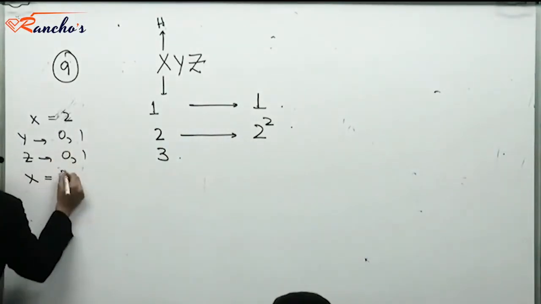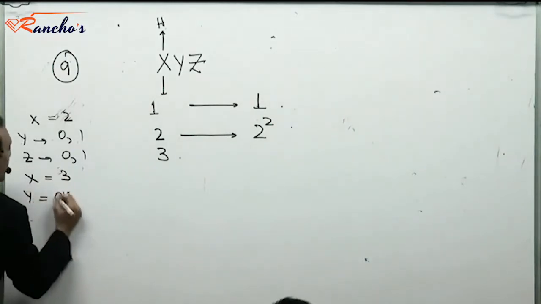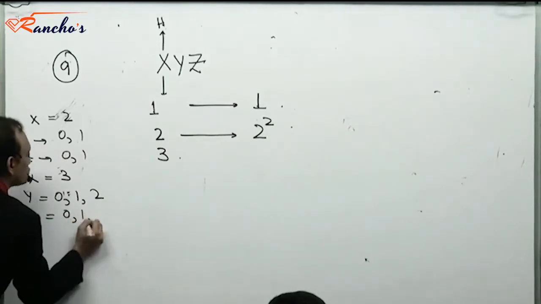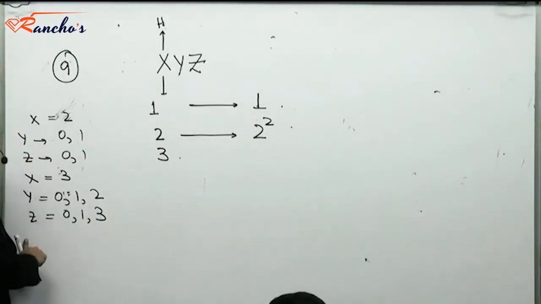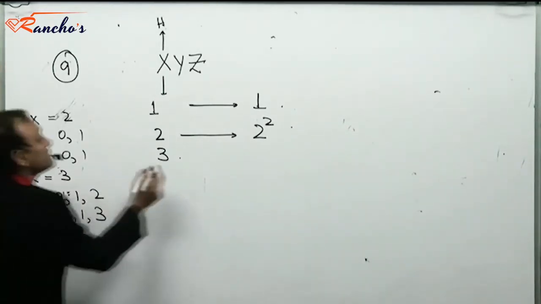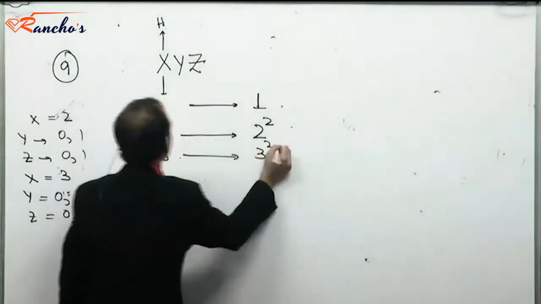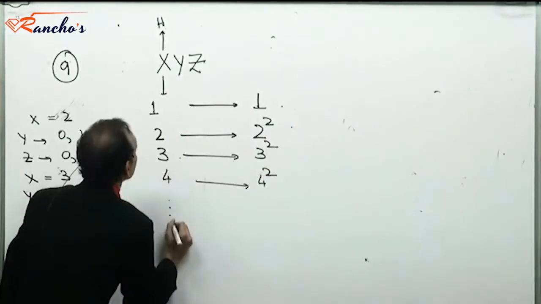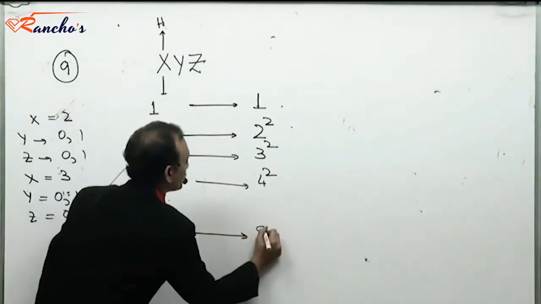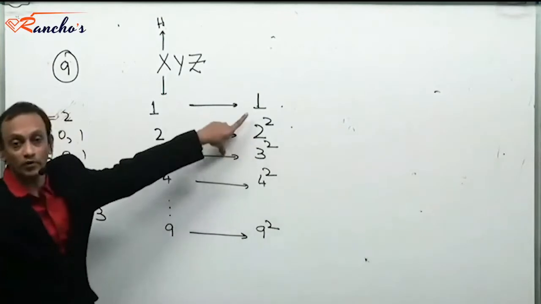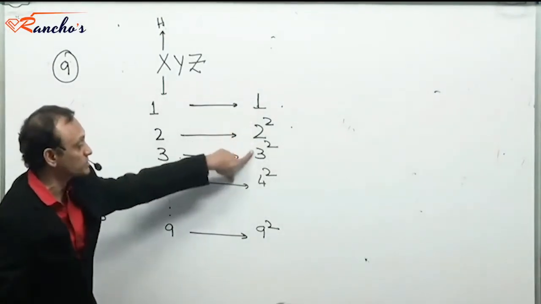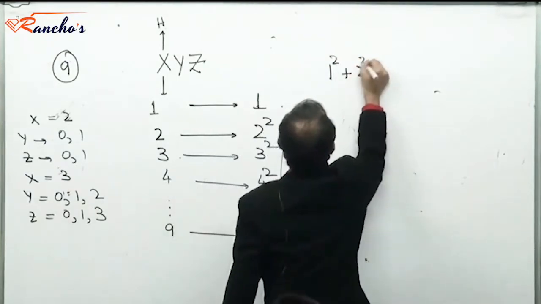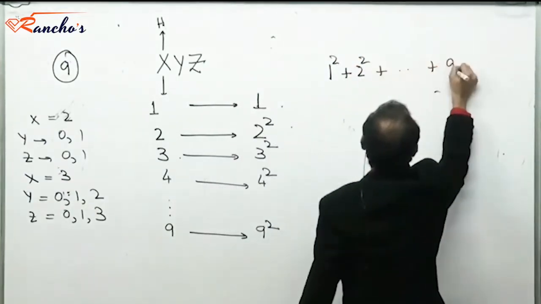If x is 3, then y can be 0, 1, 2, 3 ways. Z can be 0, 1, 2, 3 ways. That means y and z can be selected in 3 squared ways. Similarly, if x is 4, it is 4 squared ways, going this way. If x is 9, then there would be 9 squared ways. So the total number of ways would be 1 squared plus 2 squared plus 3 squared plus 4 squared, up to 9 squared.